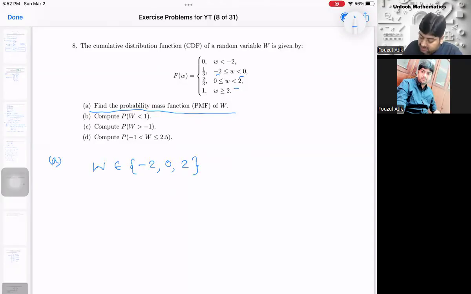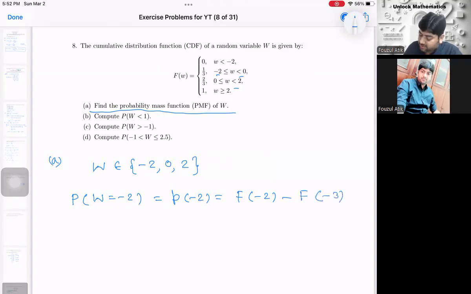Now what is the probability mass function? P of W equal to -2, which is small p of -2. What is this value? This is how much height the jump is. From our theory part, it will be F of -2 minus its value just below, so maybe you can take F of -3.